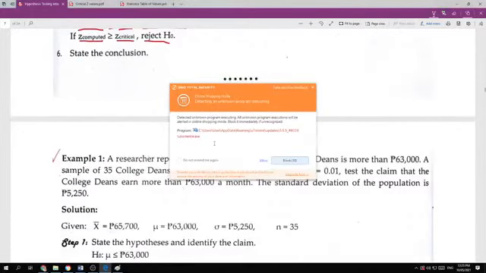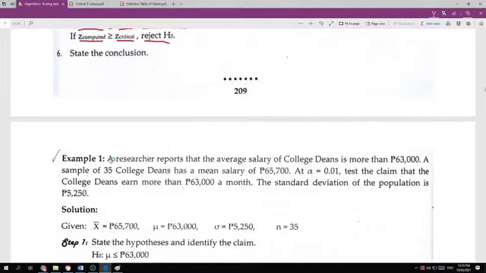Okay, now let's go to example number 1. Here's our example. A researcher reports that the average salary of college deans is more than 63,000 pesos. A sample of 35 college deans has a mean salary of 65,700.